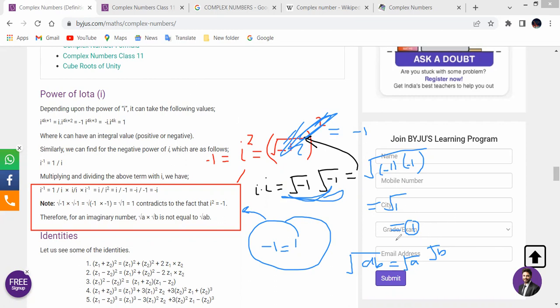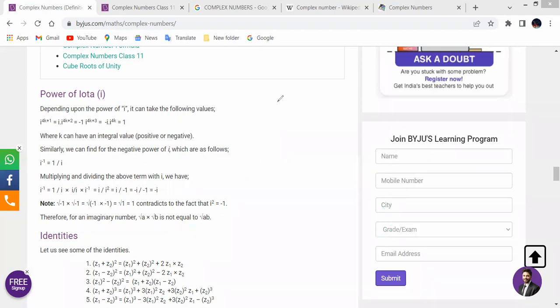For application of this property, at least one value should be positive. Because here both the values are negative, this property is wrong. So this was the contradiction.